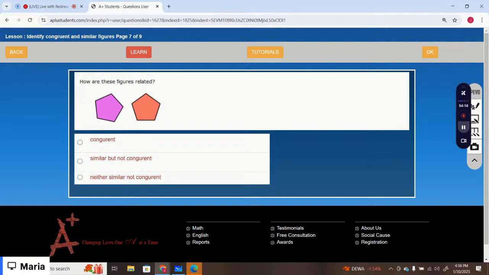How are these figures related? Congruent, I think. Option number 1 is the correct option.